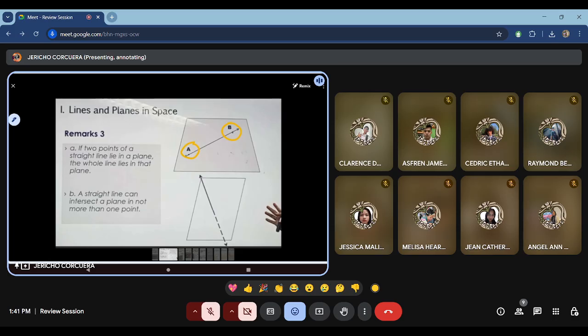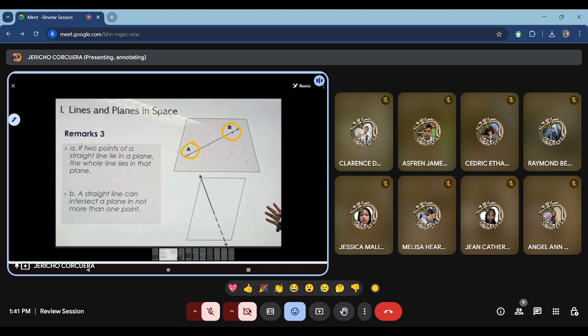So, continue tayo. Meron dalawang points of a straight line. Then the whole, you can see point A, B is on the plane. Points of a straight line yung A and B, and it lies on the plane. Yung buong line AB lies on the plane. And letter B, a straight line can intersect a plane in not more than 1 point.